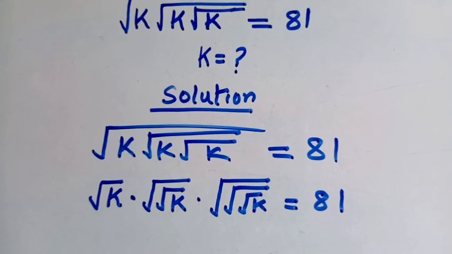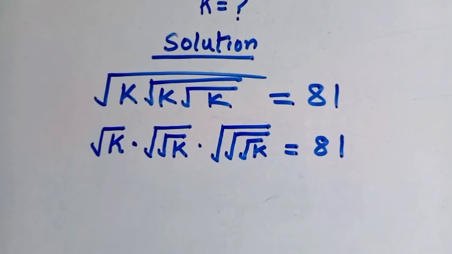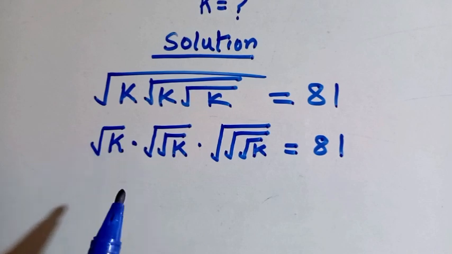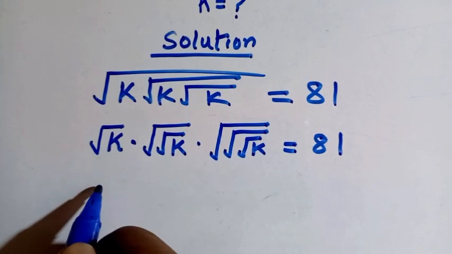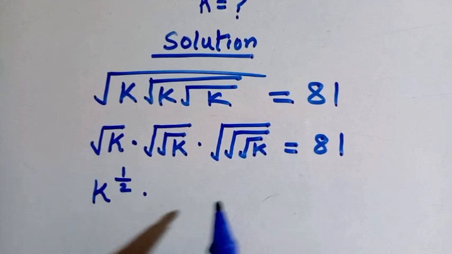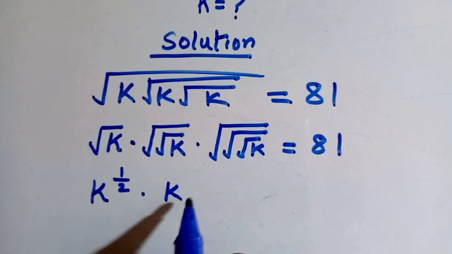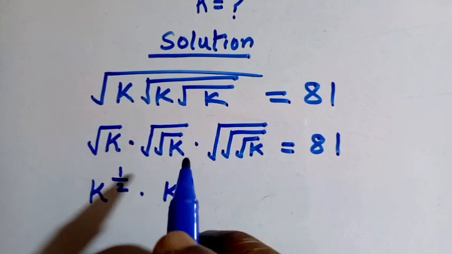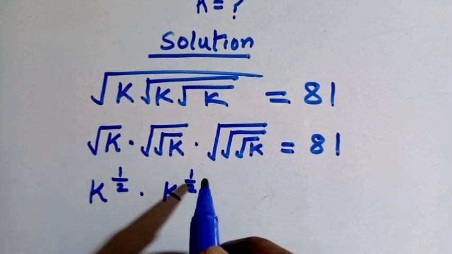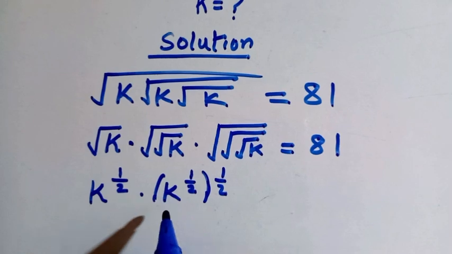Then in the next step, we apply the reverse of this root: the root is just like the power of 1 over 2. We can write this as k raised to power 1 over 2 multiplied by k raised to power 1 over 2, then everything raised to power 1 over 2.